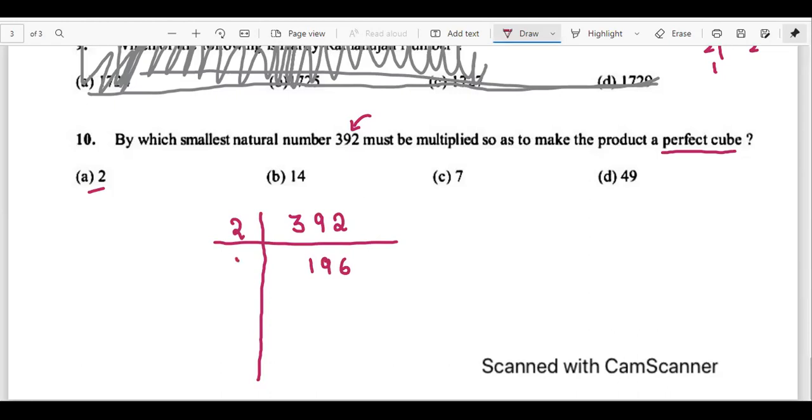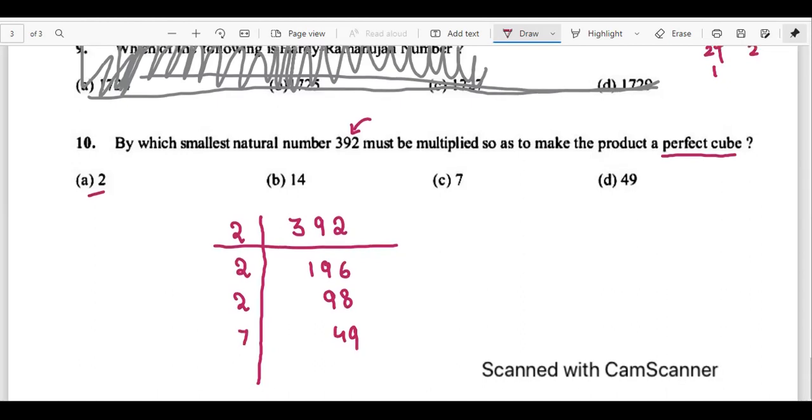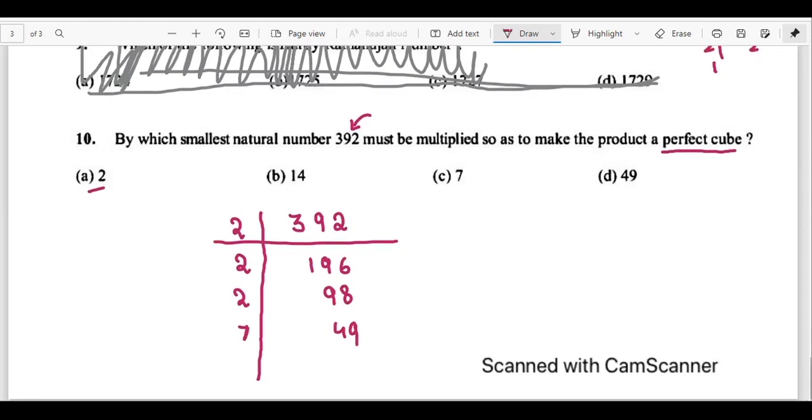Then we have 2 and we get 98. Again we have 2, and we get 49. Then it's 7, since 7 sevens are 49. And we have 1 and 1.